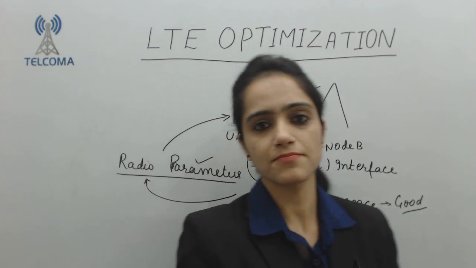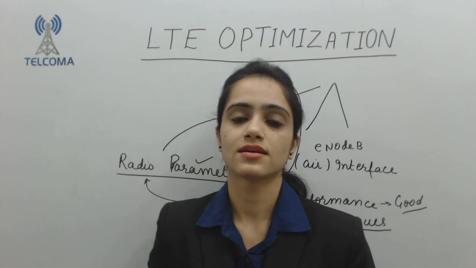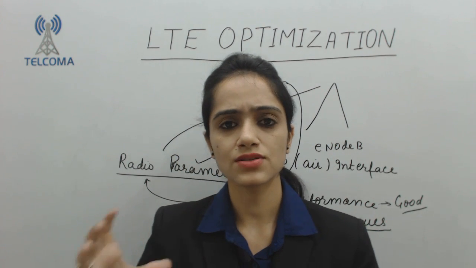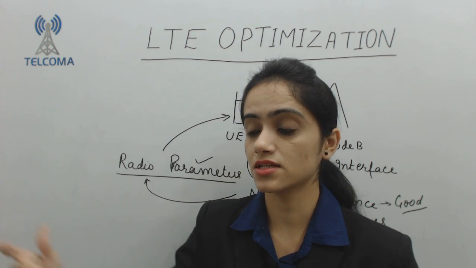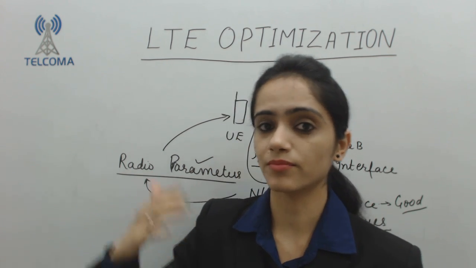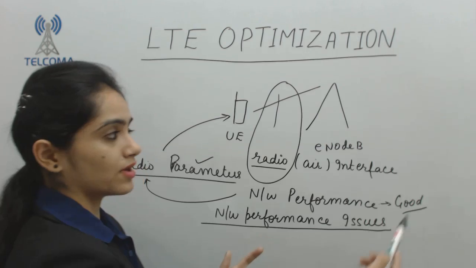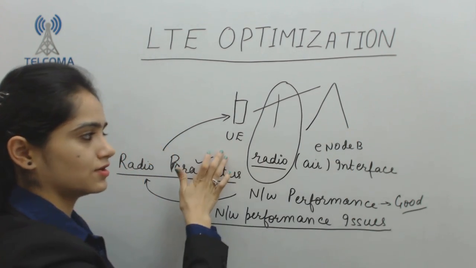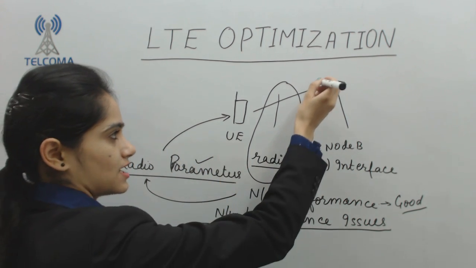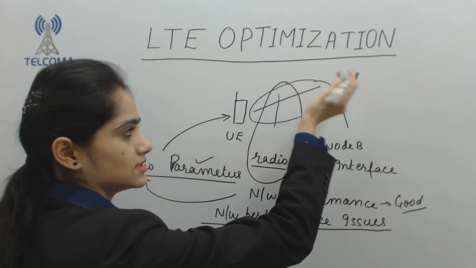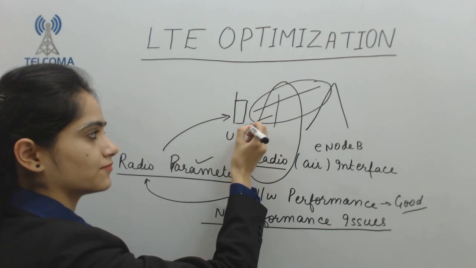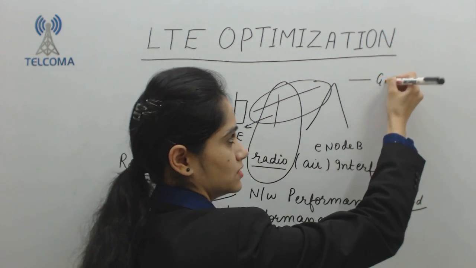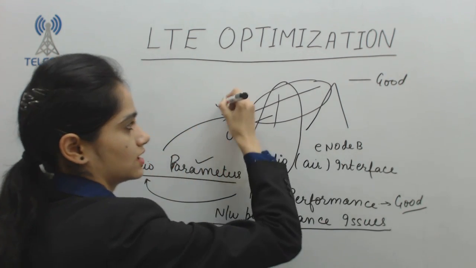Now radio parameters. We have various radio parameters, like one is RSRP, reference signal received power. This is the parameter for the power we are getting from the network, where the network is the e-NodeB and the receiver is the user equipment. If the RSRP value is good, I will have good coverage.